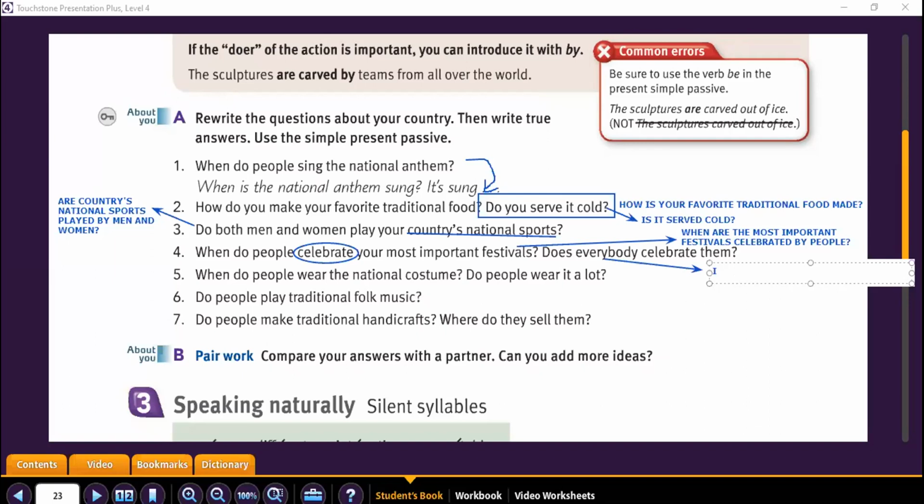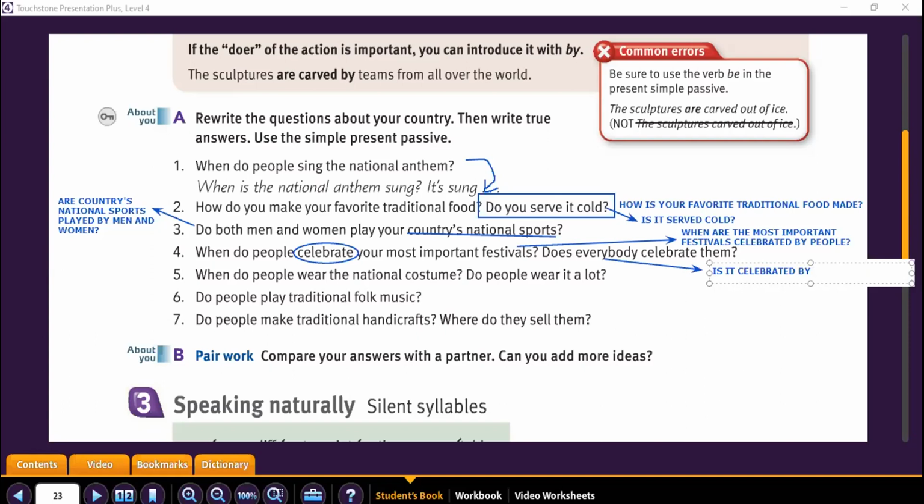Con otro verbo to be, no are. Is. Ajá. ¿Es celebrado esto por todo el mundo? ¿Cómo diríamos? Is it celebrated?